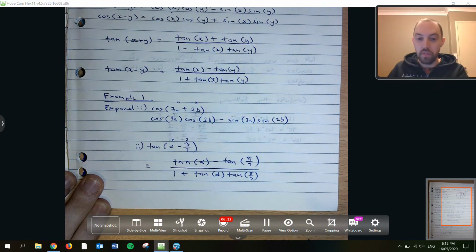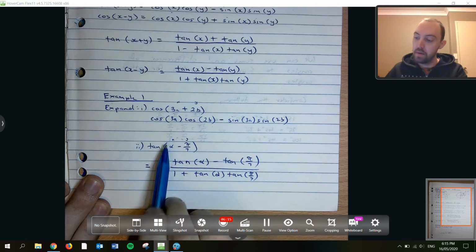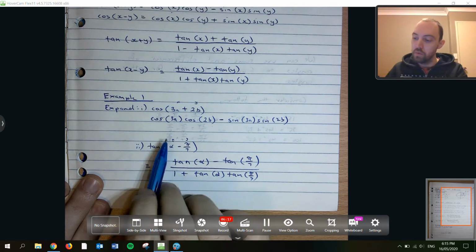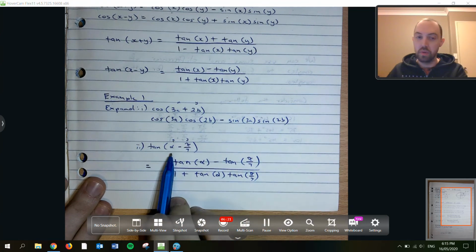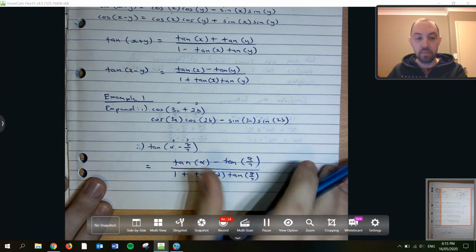That's all that's required for expanding. Follow the steps and you can rewrite the whole formula first and then replace your x and y's with the appropriate parts in the example.